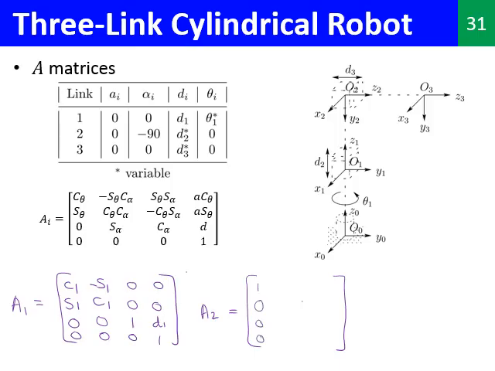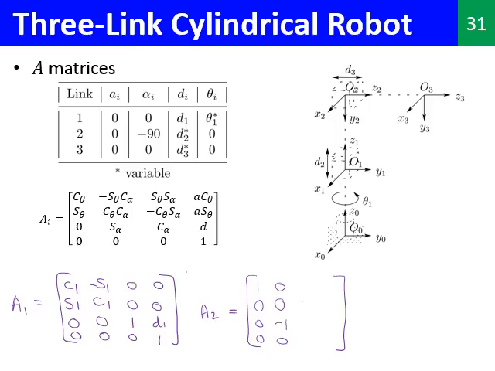Second column we have minus sin theta, therefore it's going to be 0. Next we have cos 0 and cos minus 90, so that is also 0. Sin minus 90 would be minus 1 and 0.